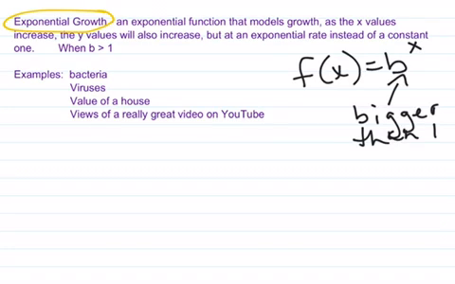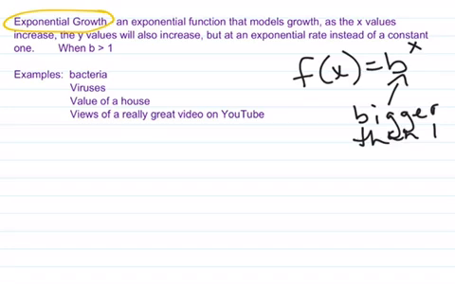Now, real-world example of that, bacteria grows exponentially, viruses grow exponentially, the value of a house grows exponentially. You've heard the word, hopefully, appreciation, not somebody appreciating you, but the value of something appreciating. That's what happens to a house, and that grows exponentially.